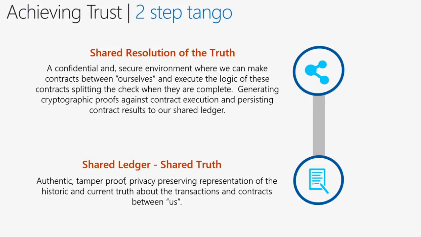How do we then share the resolution of the truth in a scalable way, so that counterparties can not only trust the value that's persisted on the ledger, but how it was derived? So this becomes the tiered approach. We have a need for a place where we can collaborate and share the resolution of the truth, and then we can persist that truth to a shared ledger.